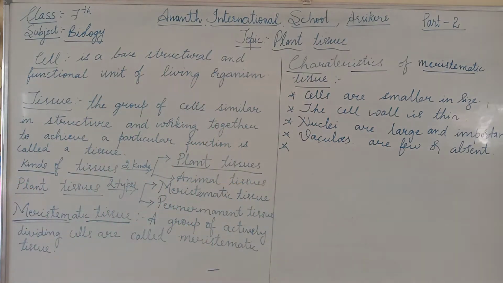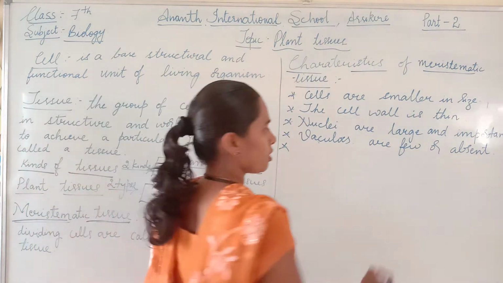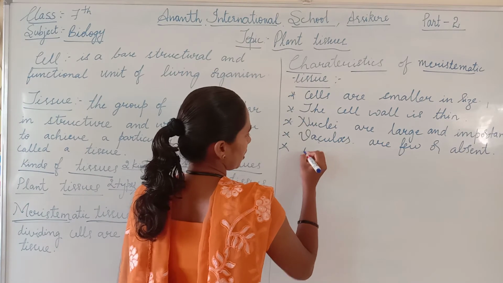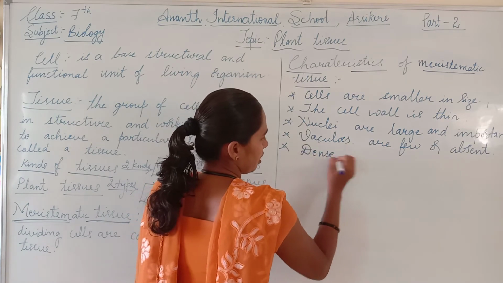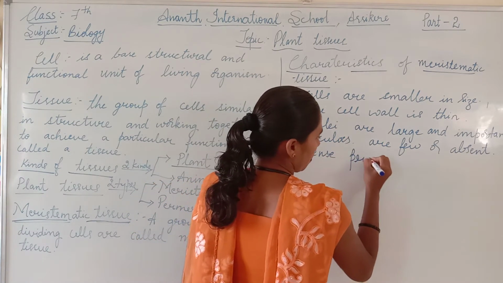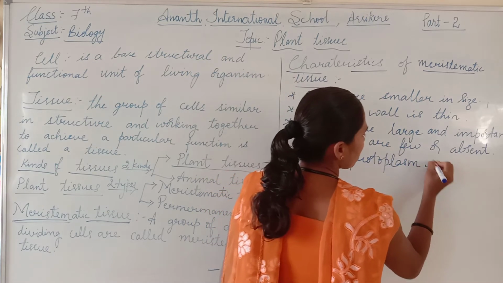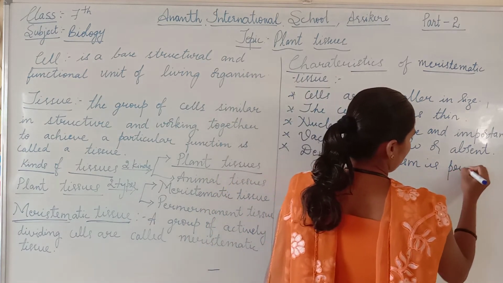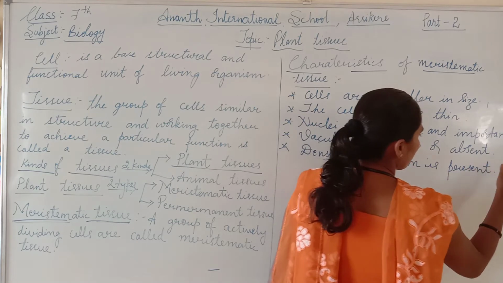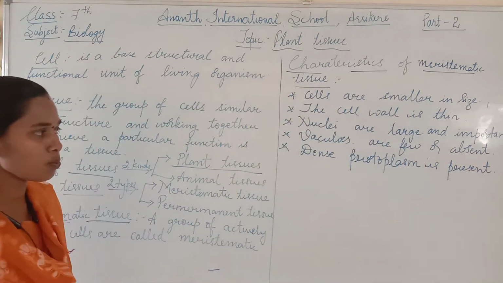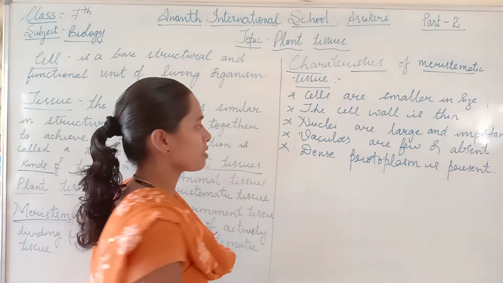And the last characteristic of meristematic tissue is protoplasm. Dense protoplasm is present. Dense protoplasm is nothing but a jelly-like substance which is present in the cells.